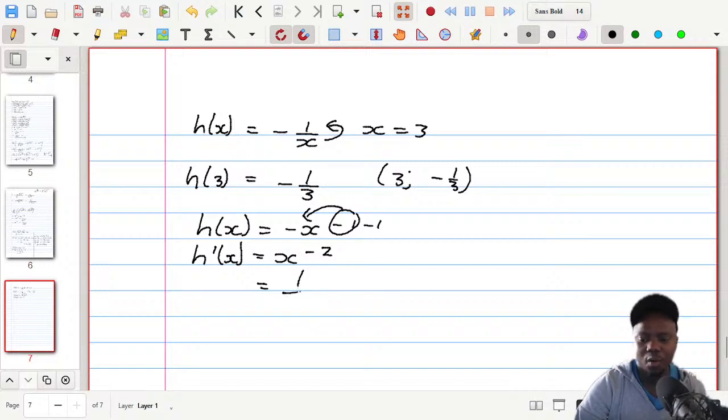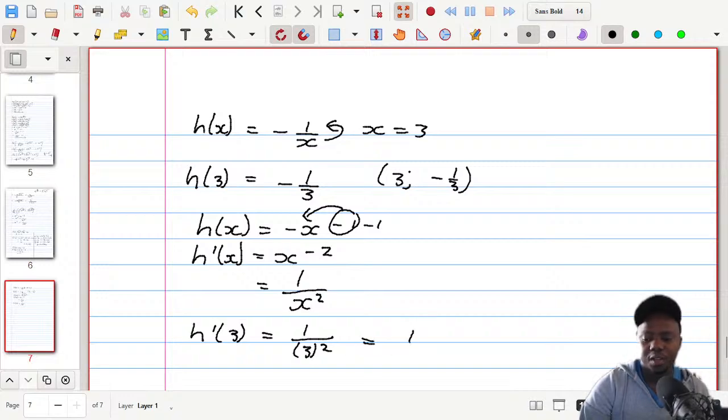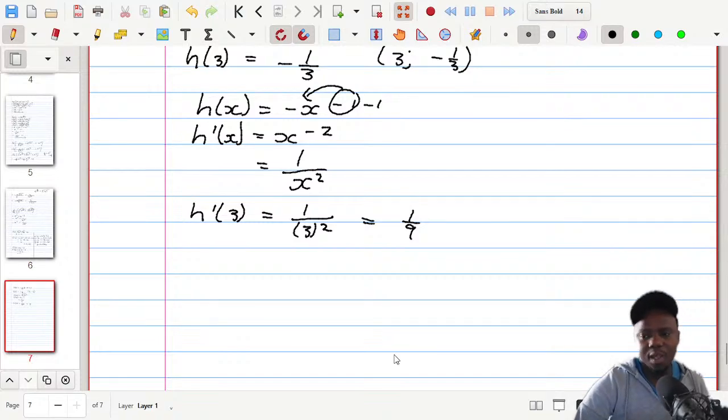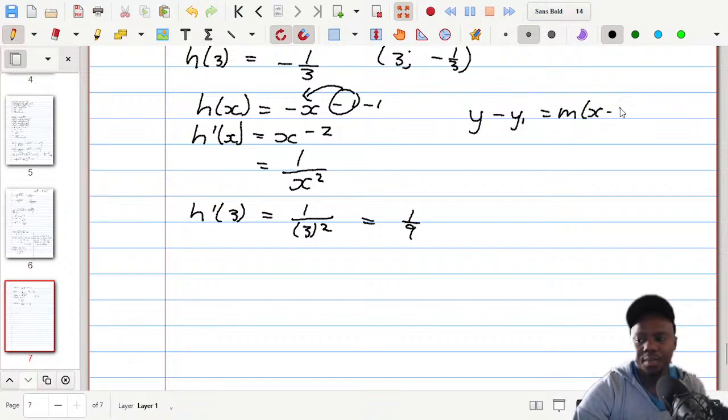In other words, we've got 1 over x squared. Now, h prime of 3 is going to be 1 over 3 squared, which will give you 1 over 9. Brilliant. Now that we have x and y and the gradient, let's find the tangent. So y minus y1 equals m into x minus x1.